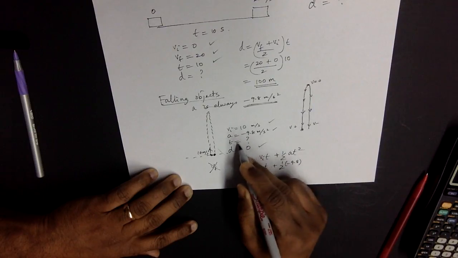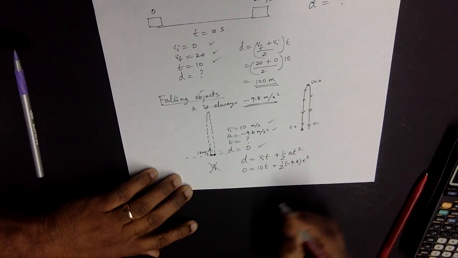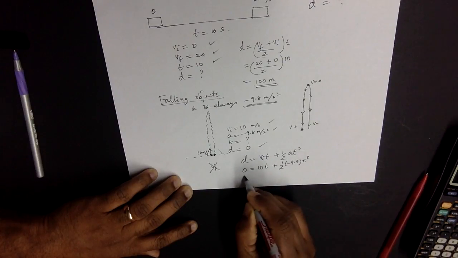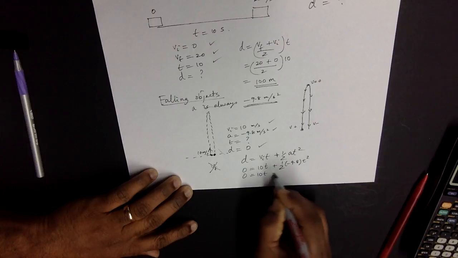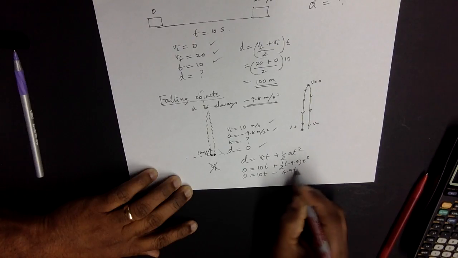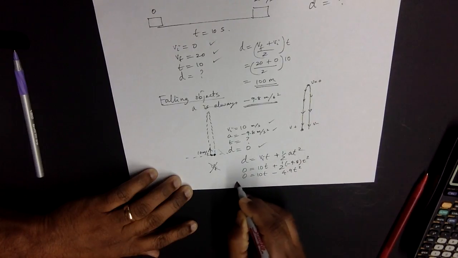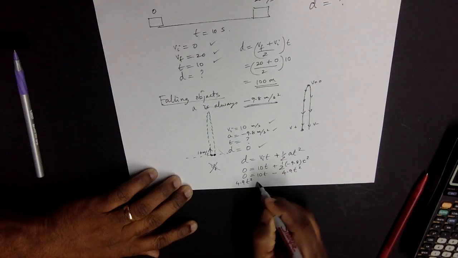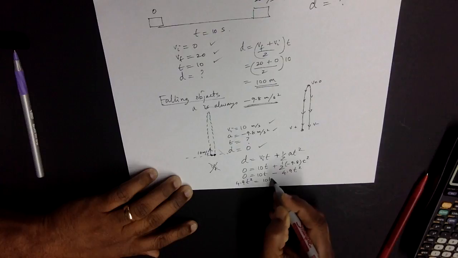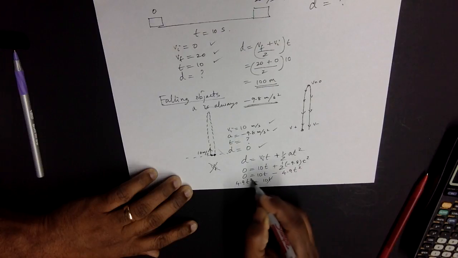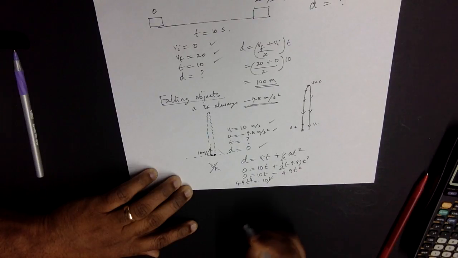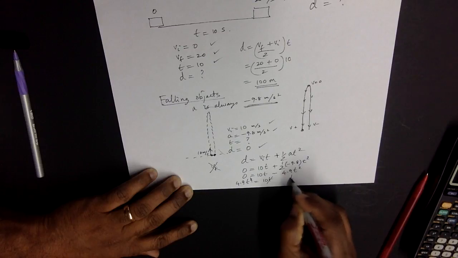That's what you want to find out. So if you simplify this further, 0 is equal to 10t minus 4.9t squared. So if you add 4.9t squared to both sides, we get 10t. Now when you divide both sides by time, one of the times cancels off. So we have time is equal to 10 over 4.9.